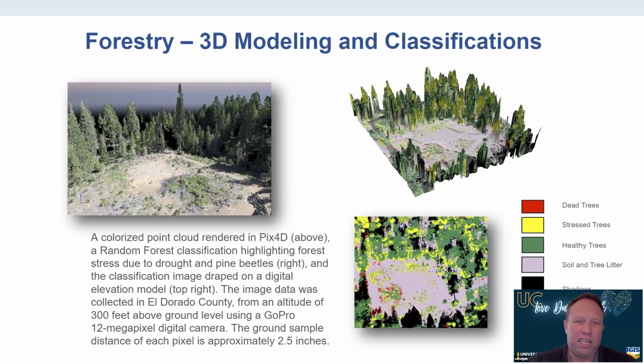Looking at the top right image, where you have this elevation model, you can see those yellow areas where there's stress within the trees. For analysis purposes, we were able to subtract anything at ground level. So what was actually dead and above ground was then identified within this imagery. That can give an estimation of bark beetle stress above ground versus debris that had fallen on the ground or was in succession. Next.